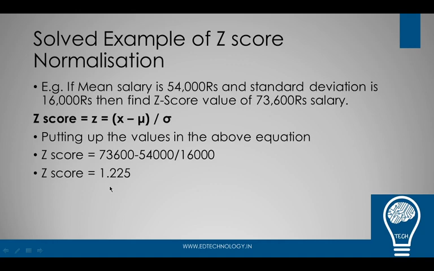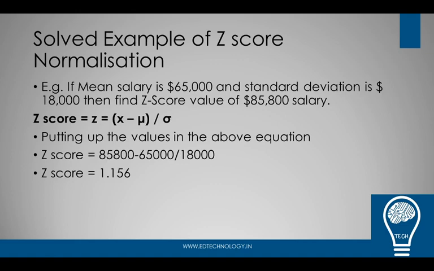This time the values are in dollars. Again, if the mean salary is $65,000 and the standard deviation is $18,000, find the z score of the value 85,800, a salary in dollars. So again, 85,800, let me highlight this here. This becomes your x, the value which we want to normalize.